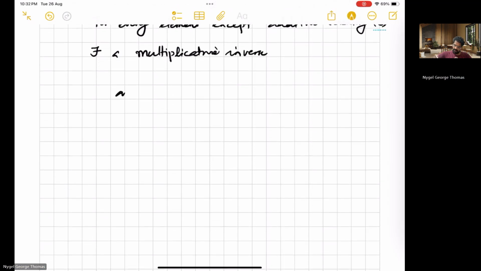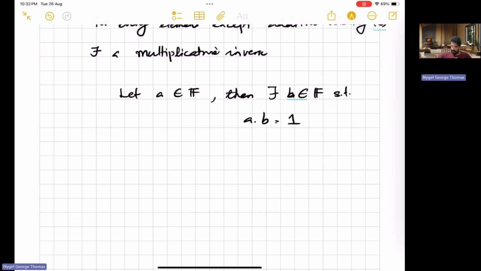The more formal way of writing it is: let A belong to F, then there exists a B which belongs to F such that A dot B is equal to 1.